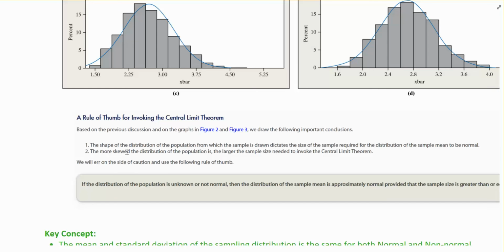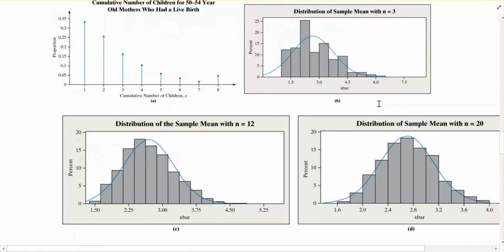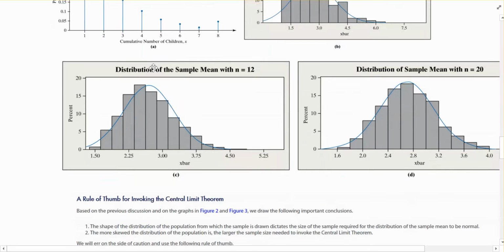The central limit theorem says that the shape of the distribution of the population from which our sample is drawn is going to dictate the size of the sample that's required for the distribution of the sample mean to be normal. In other words, depending on how skewed your population is to begin with, that's going to dictate the size of n needed to approach a normal distribution.